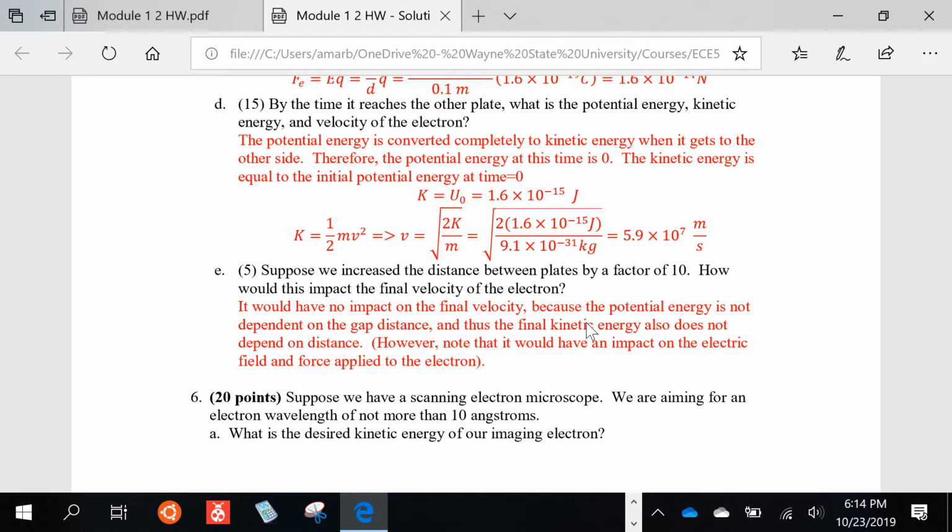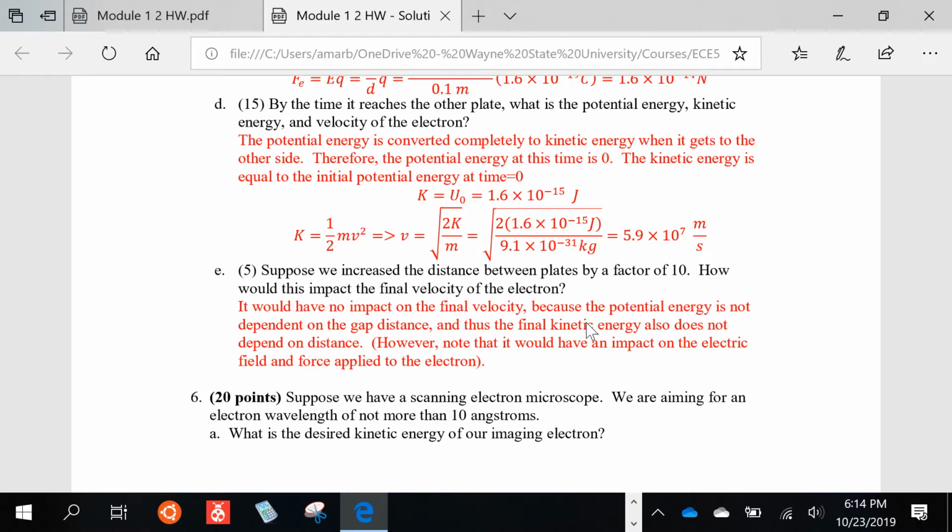The electric field actually changes. It gets smaller because the electric field is V divided by the distance between the electrodes. The units for electric field are volts per centimeter: the number of volts you apply between the two electrodes divided by the distance between them.